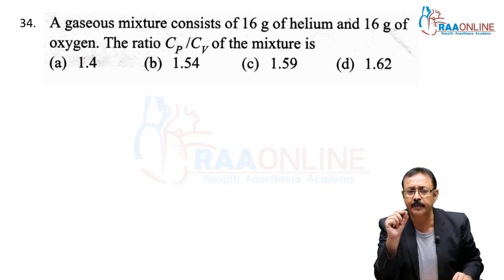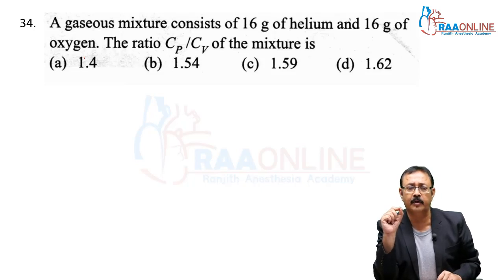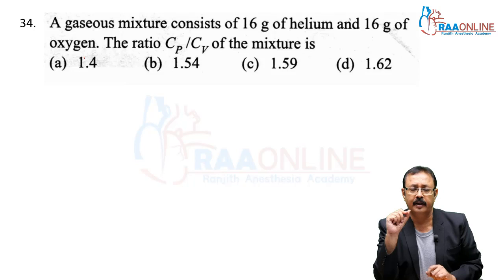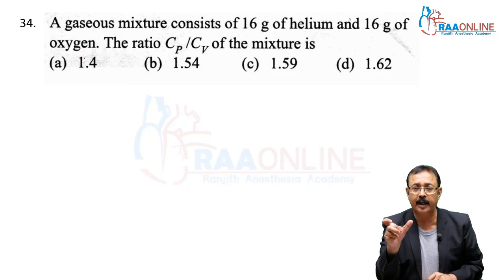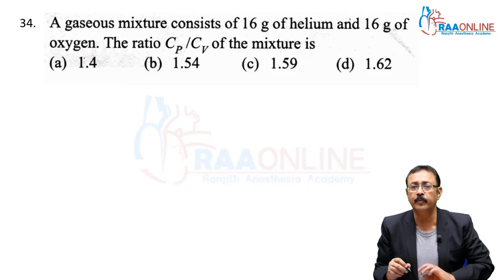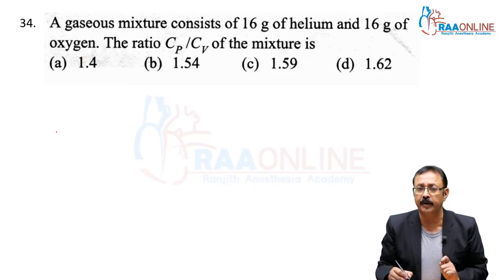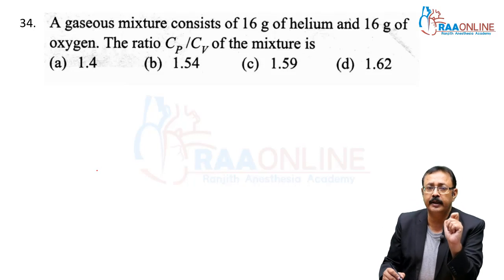A gaseous mixture consists of 16 gram of helium and 16 gram of oxygen. The ratio of Cp upon Cv of the mixture is, a very important type of problem this is. See, how many moles are there in your mixture? You know that 1 mole of helium means 4 gram.